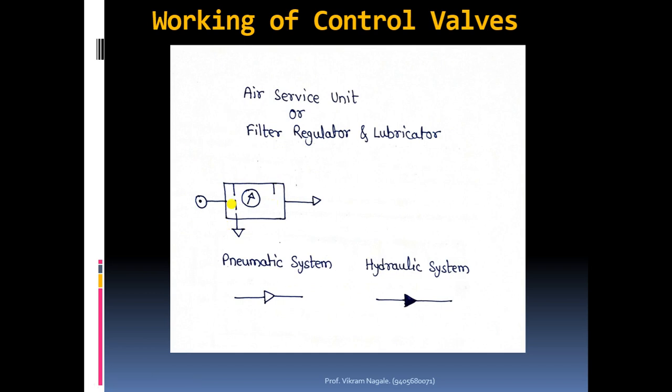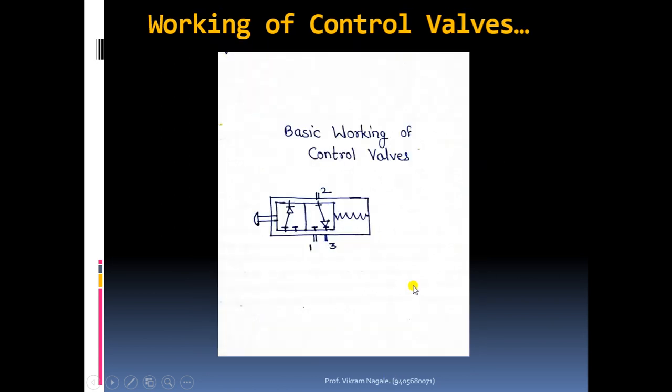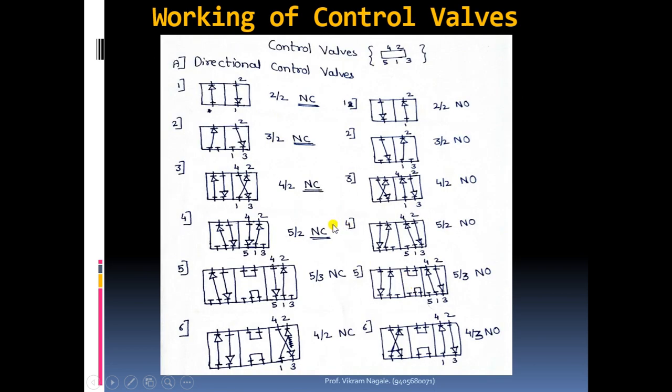Except logic gate valves. Now here you can see the pneumatic system. For pneumatic system, the arrowhead should be hollow. Over here you can see the arrowheads are hollow. Here also you can see everywhere the arrowheads are hollow. Everywhere we are using hollow arrowheads.